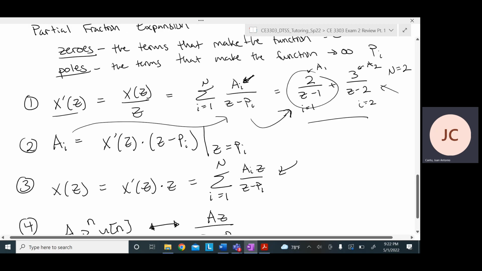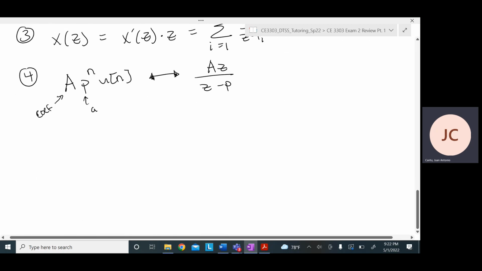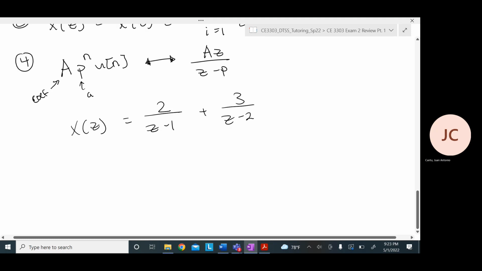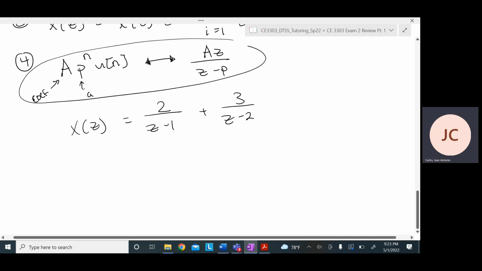So if I take this example up here, let's say our x of z was equal to 2 over z minus 1 plus 3 over z minus 2. We're utilizing this right here. We can say that x of n is equal to 2. This is p.